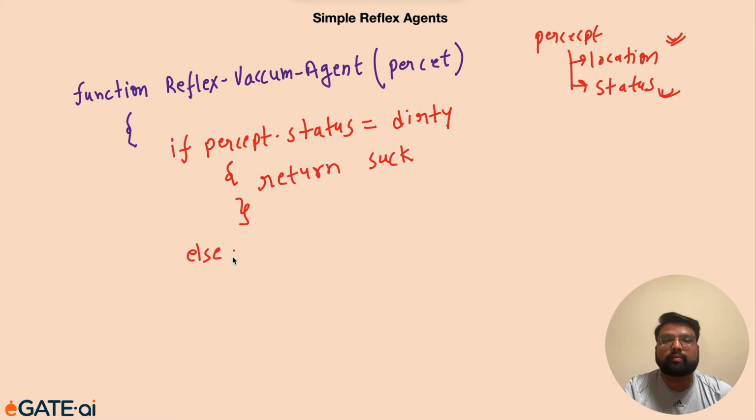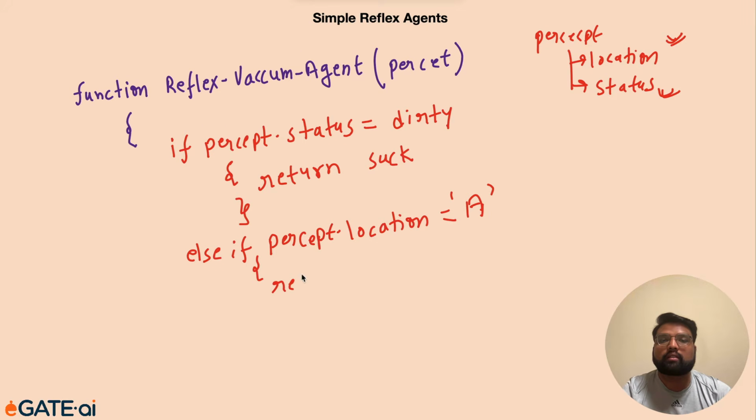Otherwise, if the status is not dirty, then let's check the location, right? So if this location is A, then we will return right, move to the right block.